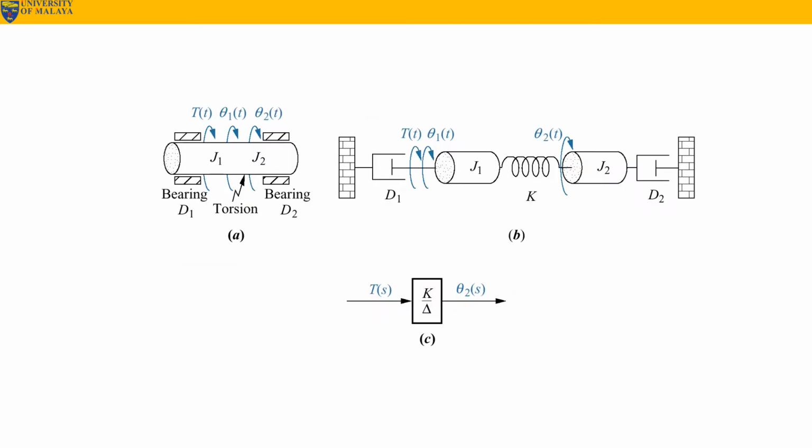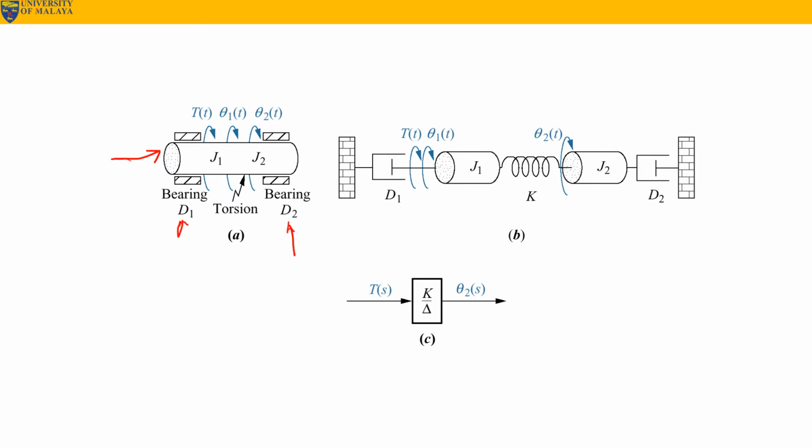So let's say for this particular example, and this example is the same as the example that has been discussed in class, we have this particular rod, and this rod is connected to two bearings, D1 and D2.